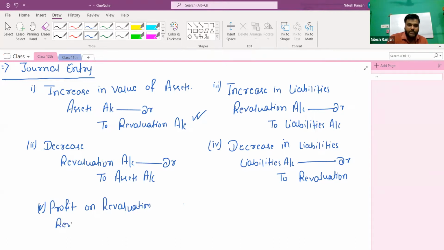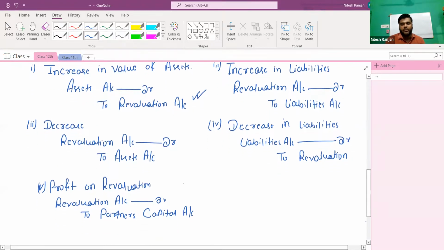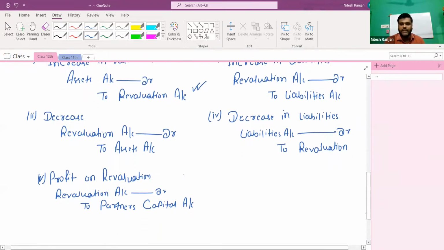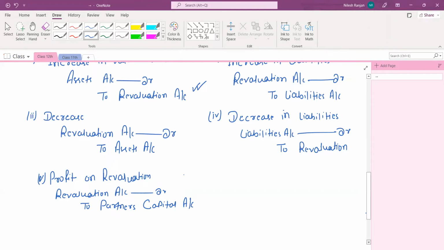That's why partner's capital account will be credited. So revaluation account debit to partner's capital account. And in case of loss, we have to pass the opposite entry, that is partner's capital account debit to revaluation. So this is our journal entry part. If you have any confusion, any doubt in journal entry, you can ask questions. No doubt, sir.